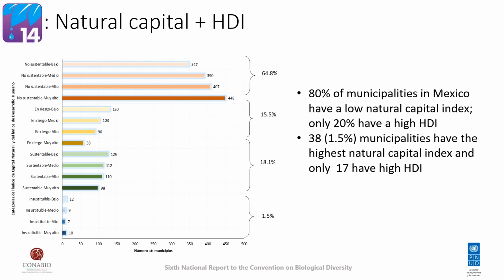So this graphic is the analysis of the statistical data from the map, and this graphic is showing us the situation. Of about 1,500 municipalities in Mexico, it means 80% of municipalities in Mexico have a low natural capital index.